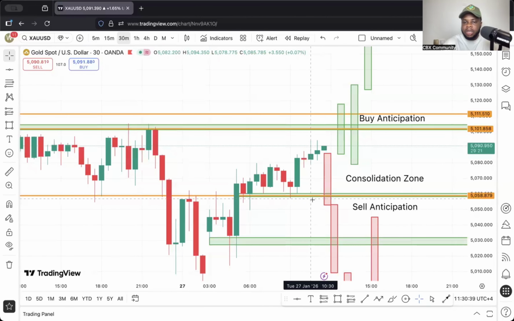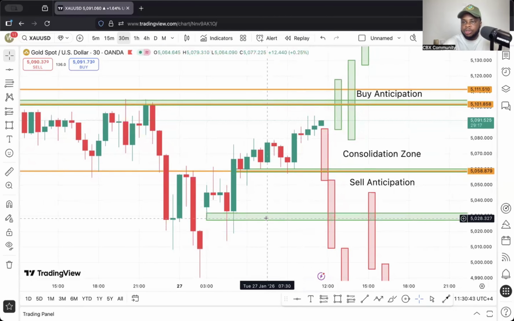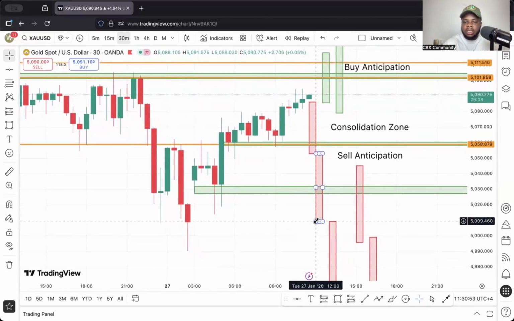If there is volume in the market, the volume will be able to break this our support zone for the candle to continue to come down and close with a bearish candle like this or a strong bearish candle like this.